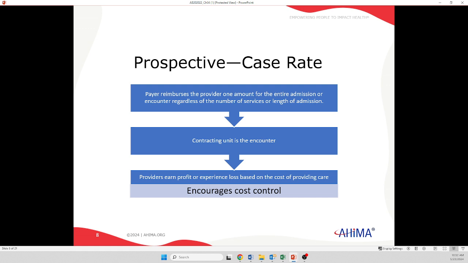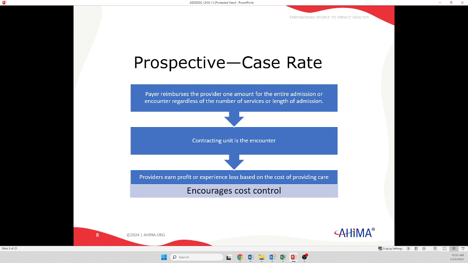Now, let's look at an example of this to see another way of looking at it. Let's say that I have a patient in the hospital with congestive heart failure, and my total charge for that person was $28,000. That was the total charge, the billable amount. But my case rate allowance was only $26,000.